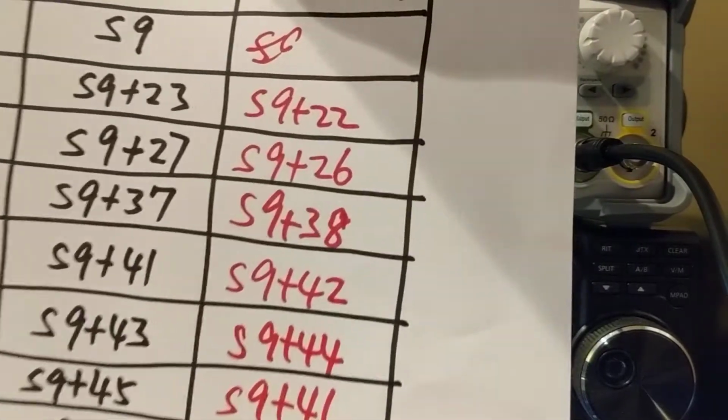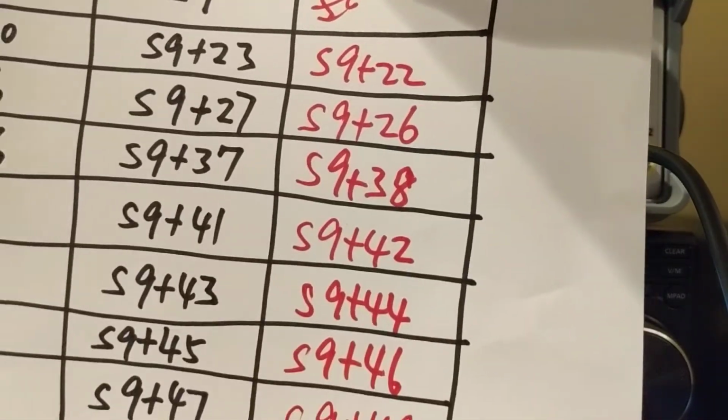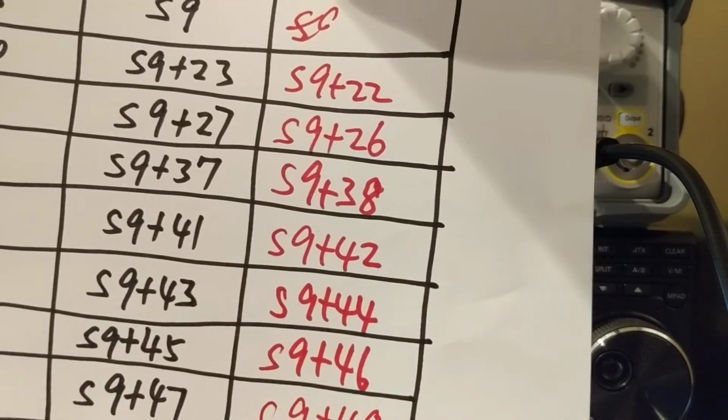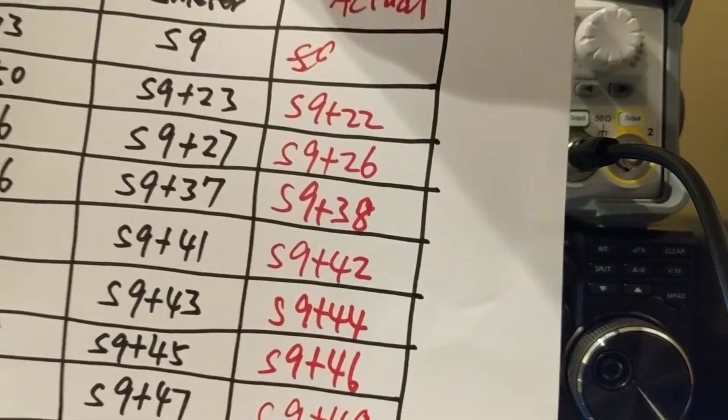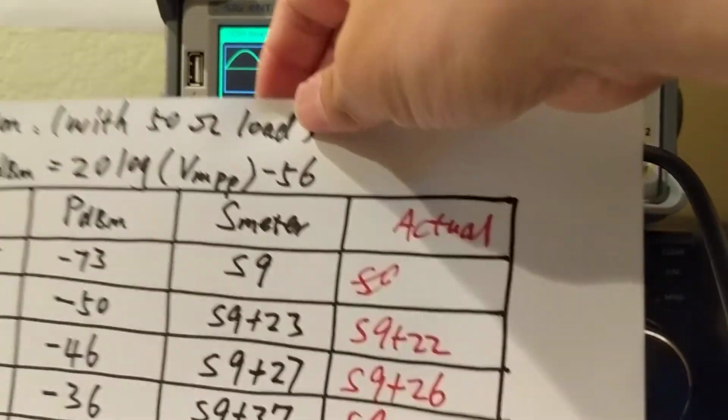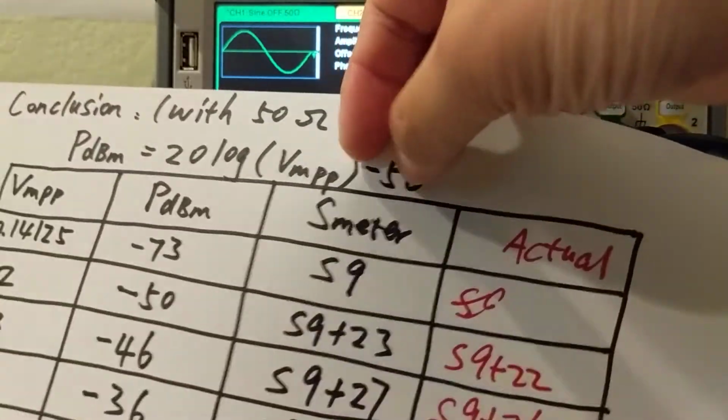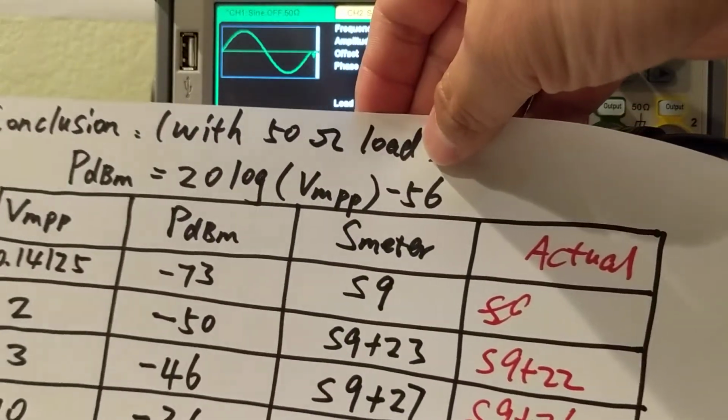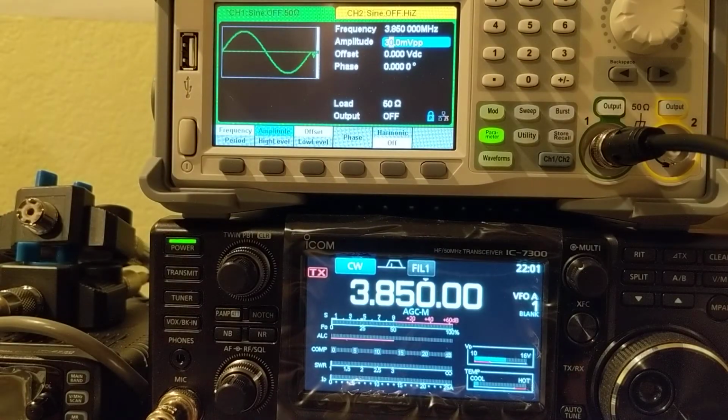You can see S9 plus 23, 22. They're the same. So it looks like this theory, the top formula, is correct. Yesterday I made a mistake when I claimed it was 6 dB lower.